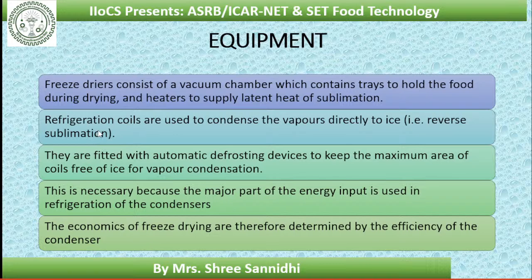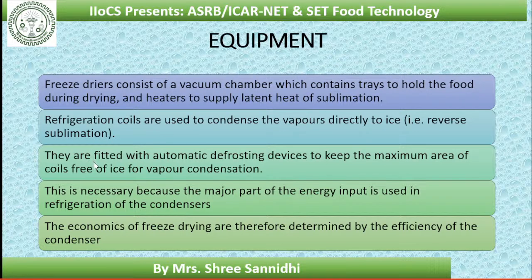After that, refrigeration coils are used to condense the vapors directly to ice. This is called reverse sublimation. Whatever vapor has sublimated will be sucked out, and in a separate chamber the refrigeration coils will condense back all these vapors coming out, and then they will be removed. These condensed vapors in ice form are removed later.